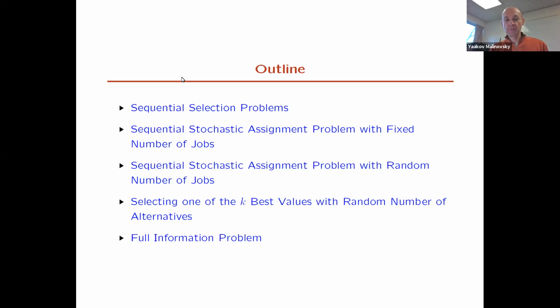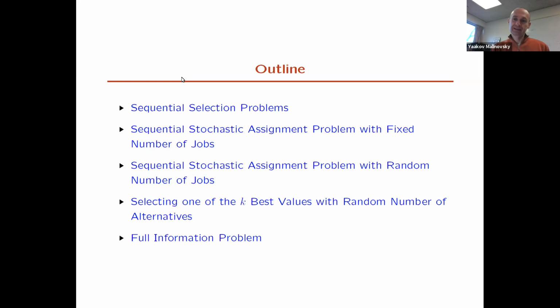It's a random horizon. Also, the discussion of sequential selection is going to be in two parts. The first part, the major part, is going to be sequential selection based on the information as relative ranks available to the observer.